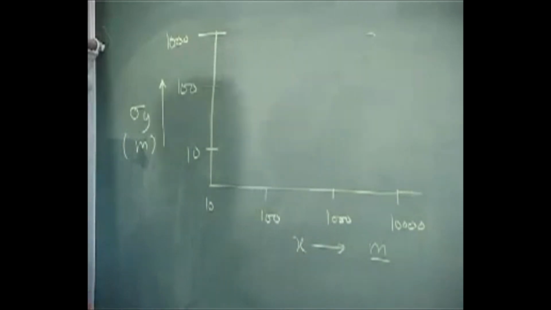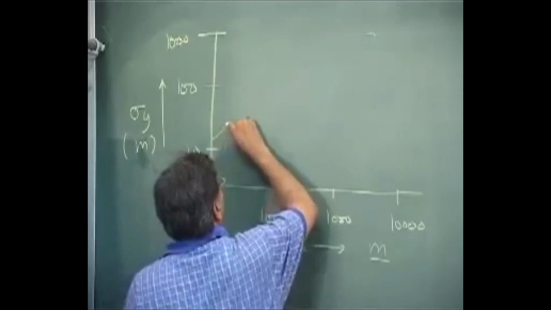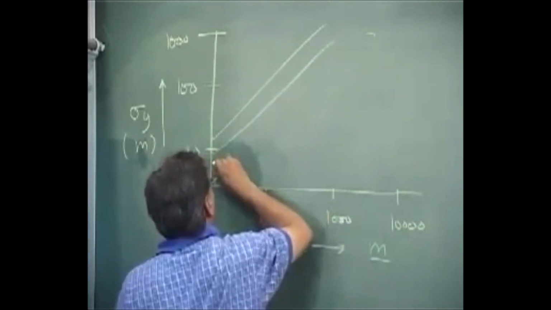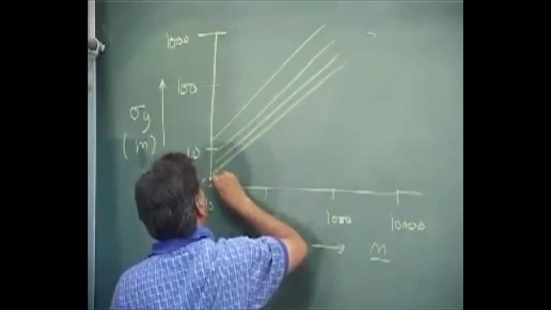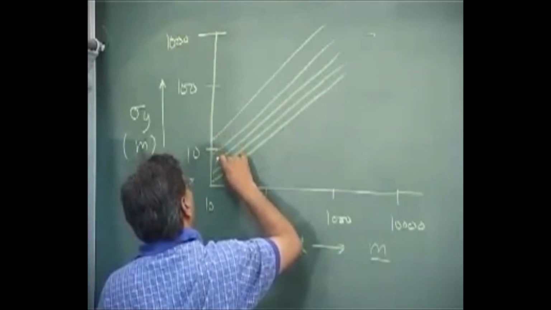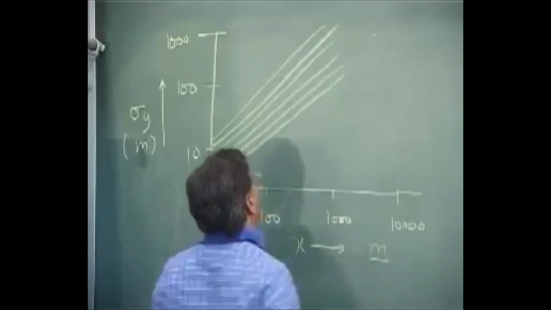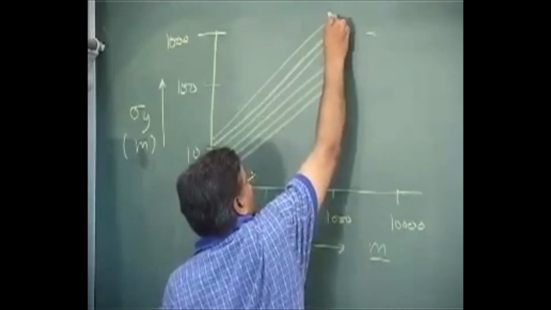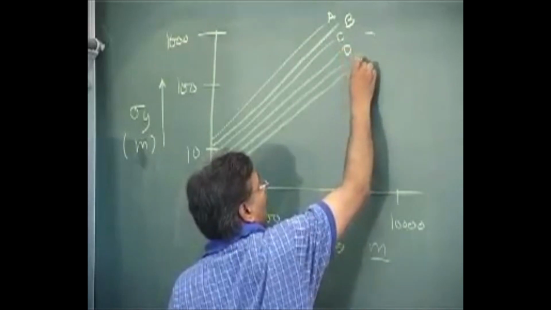So they reported this to be something like this, for the stability classes A, B, C, D, E.